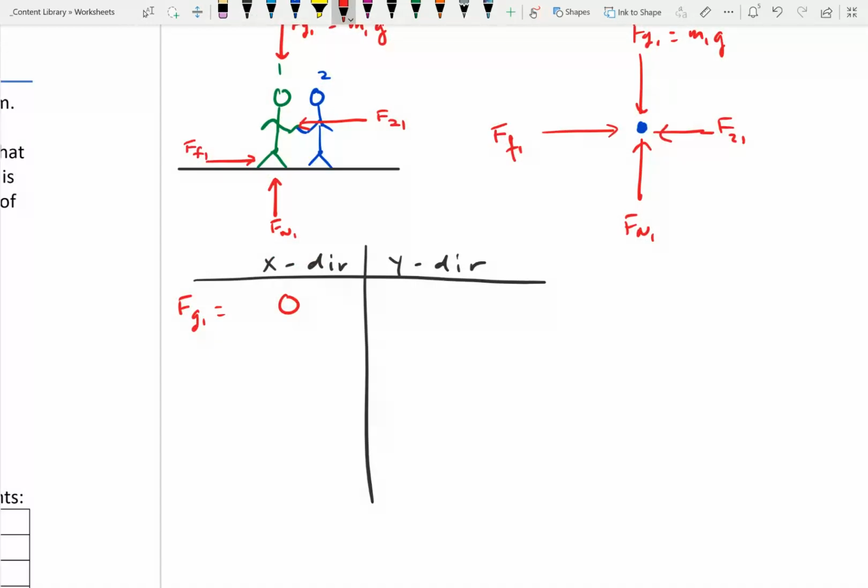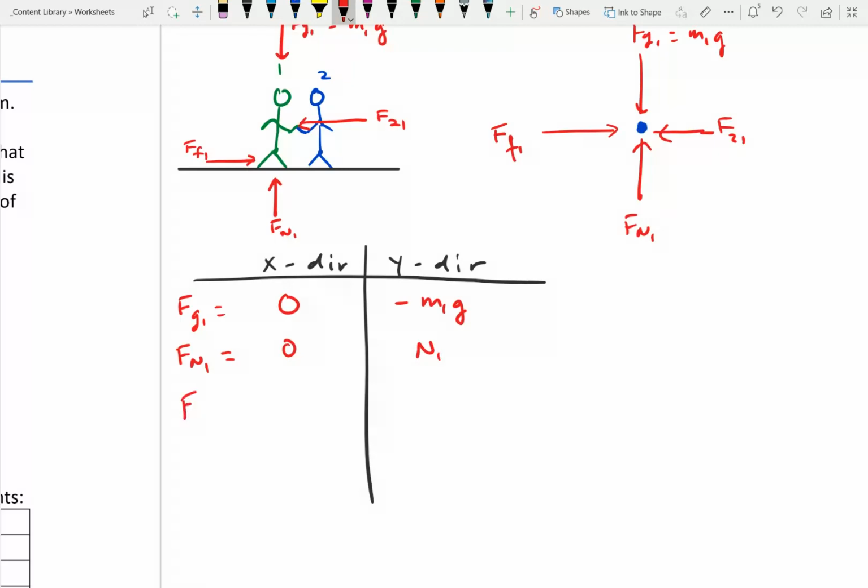The force of gravity in the y direction is minus m1g, and the force normal 1 is all in the y direction, so 0 in the x direction and normal 1 in the y direction, that's pointing up.